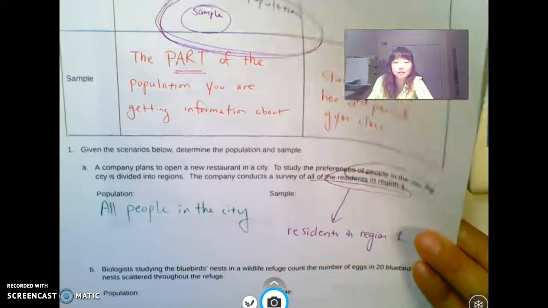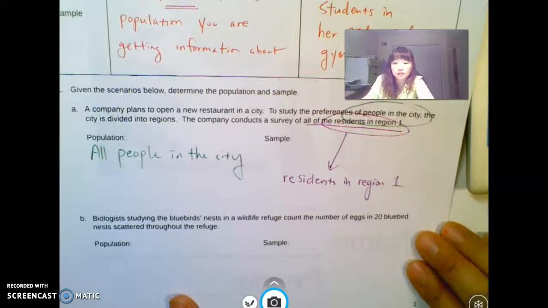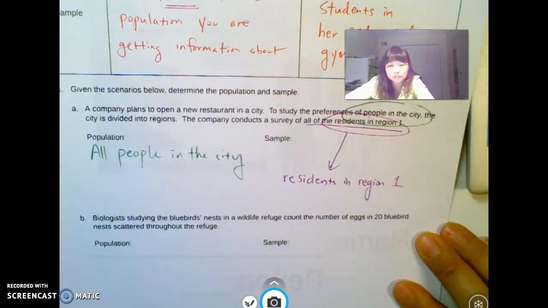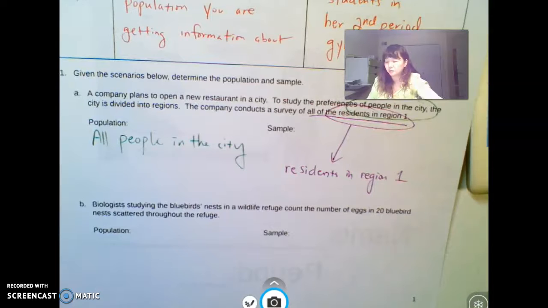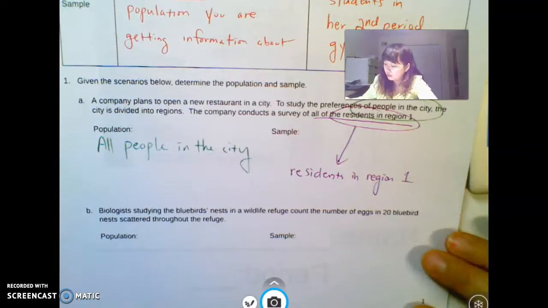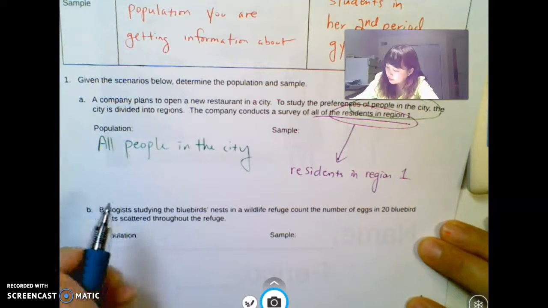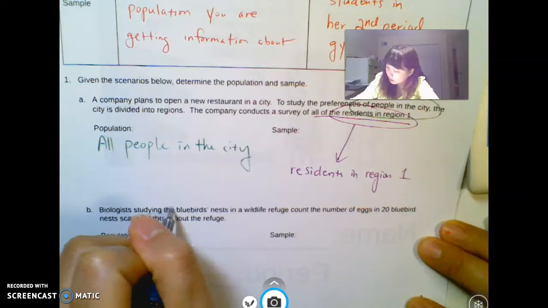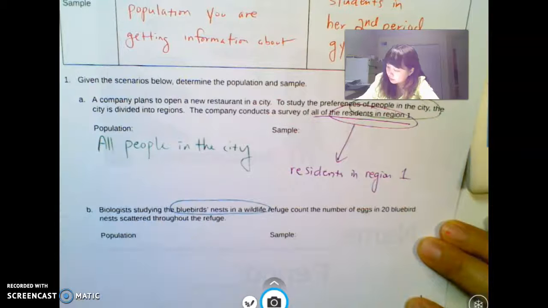All right, number 2. A biologist studies the bluebirds nesting in a wildlife refuge. Count the number of eggs in 20 bluebird nests scattered throughout the refuge. So, population. What do they want to study? They want to study bluebirds' nests in the wildlife refuge. Right?